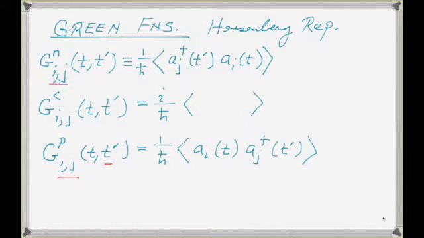Okay, and similarly, there's a lot of literature written. Instead of using Gp, they use a G greater than. And again, it's just a factor of i different, but now the sign is changed, so this would be a negative i over H bar times the same thing in the brackets, ditto.